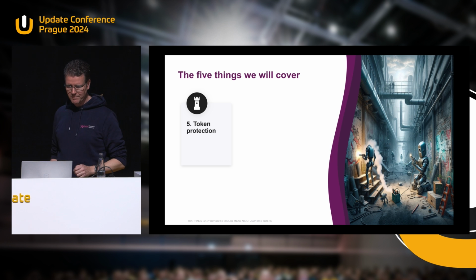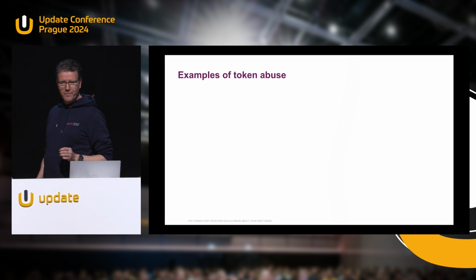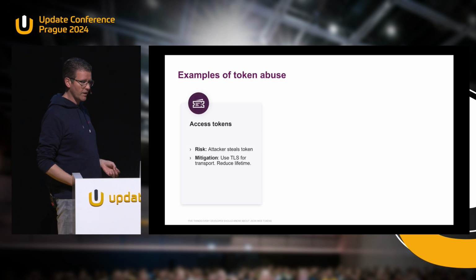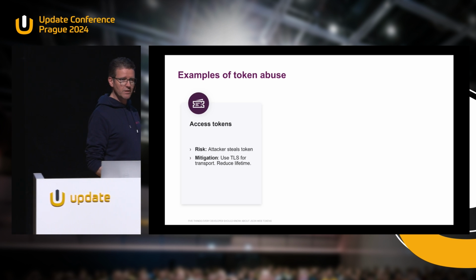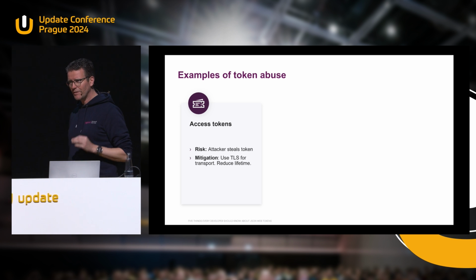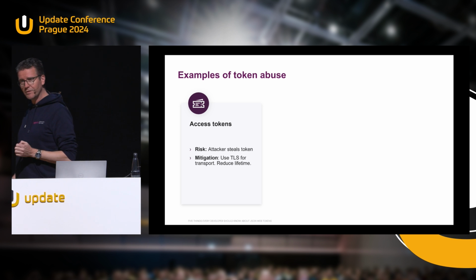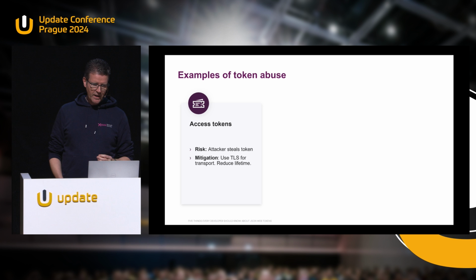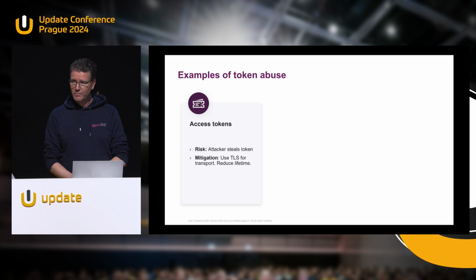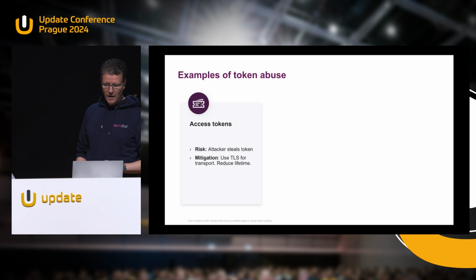Doing quite good on time. Token protection. Well, you've seen me mess around with tokens quite a lot. That means that if I can mess around with them, any attacker can also mess around with them. So you need to make sure that you protect your tokens as well as possible. For example, whenever you issue access tokens, I do recommend that you have TLS enabled on your identity provider.